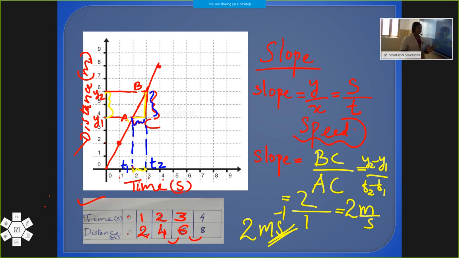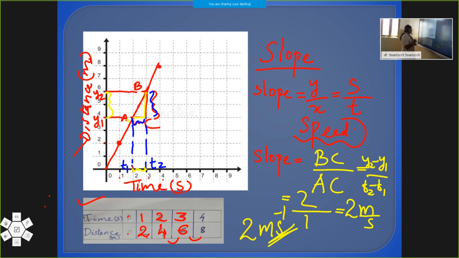Then you will get the speed and express it in meter per second depending on the units you have taken. So whenever we get data, first draw the graph, and if it is a distance time graph, take the slope. When we deal with the numericals, you will be clear with that.